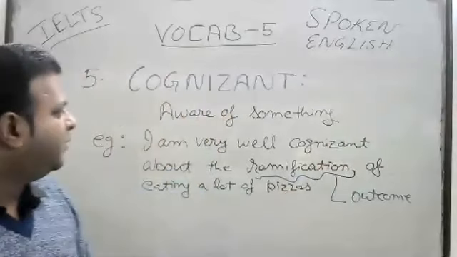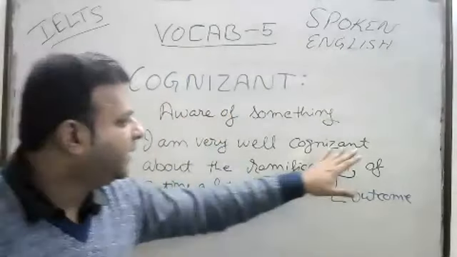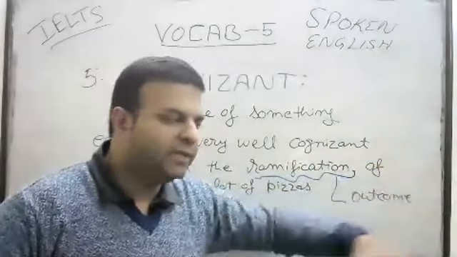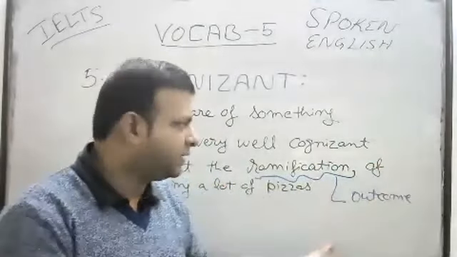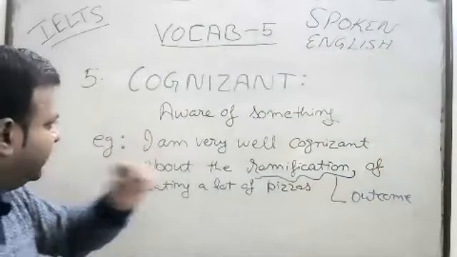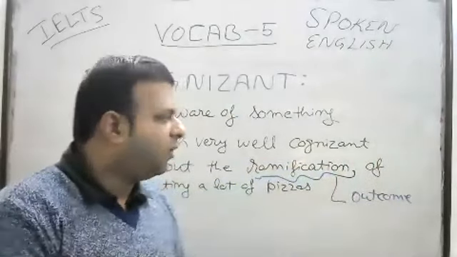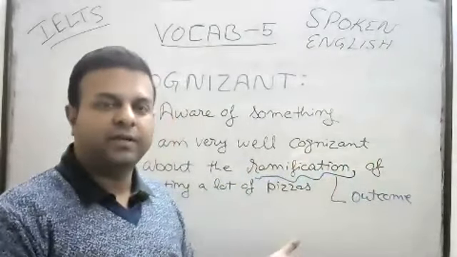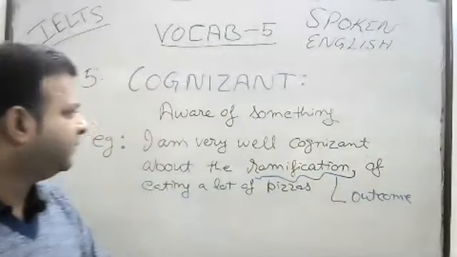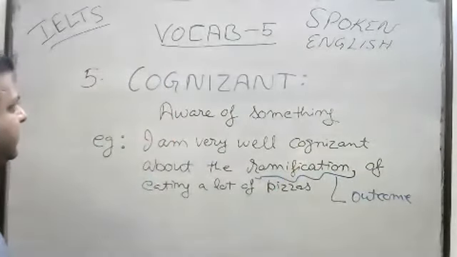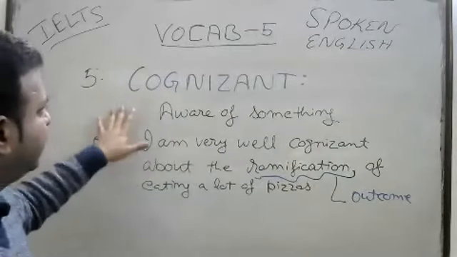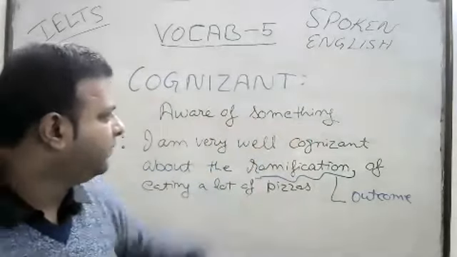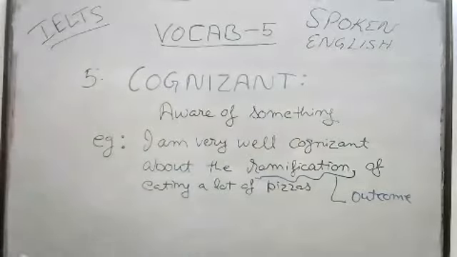Similarly, people should be made cognizant about the ramification of this thing. You can use that in your task too, or any other sentence in your writing part. Very good word. I hope this one is clear to you. Cognizant is aware of something.